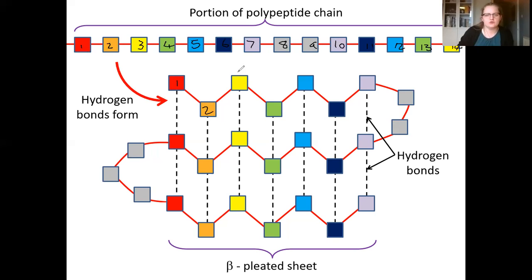We've got 1, 2, 3, 4, 5, 6, 7, 8, 9. No hydrogen bond happens on these loops around the side, and then 10 forms here. Then 11, 12, 13, 14, 15, 16, and again, no hydrogen bonds happening on these forks at the end here.